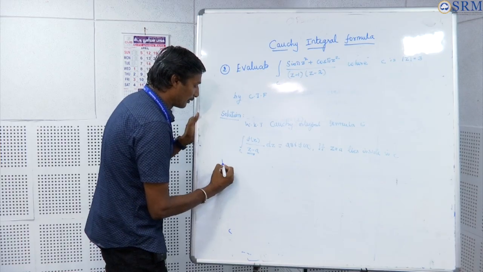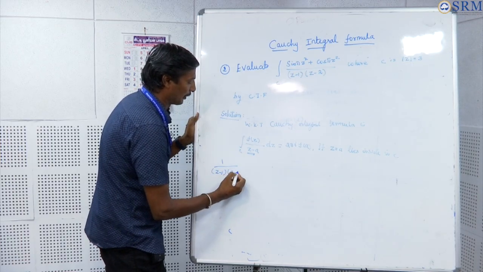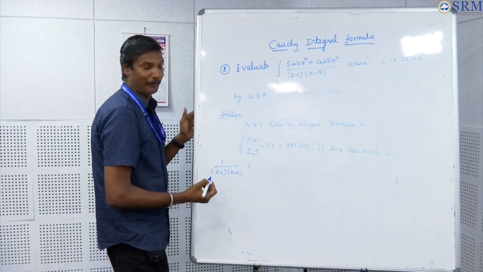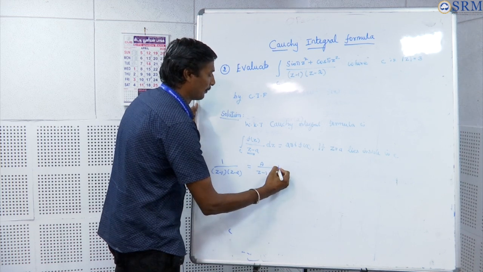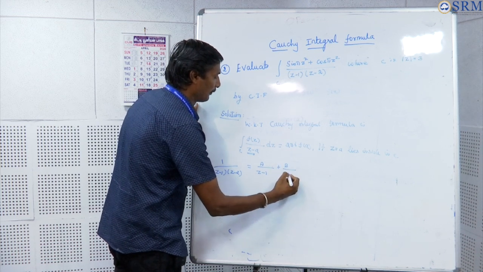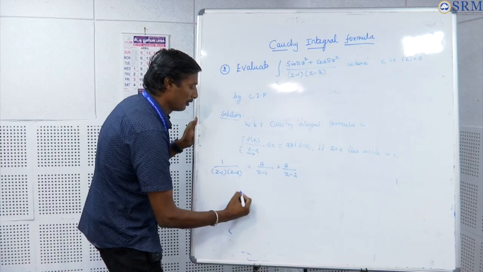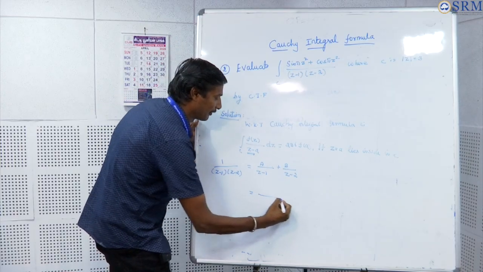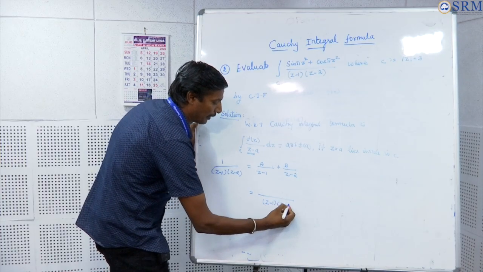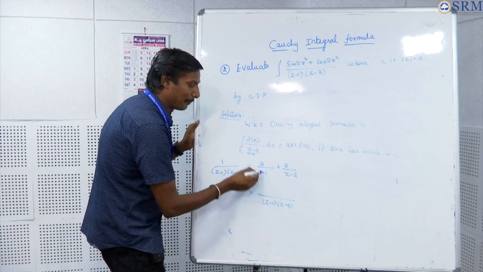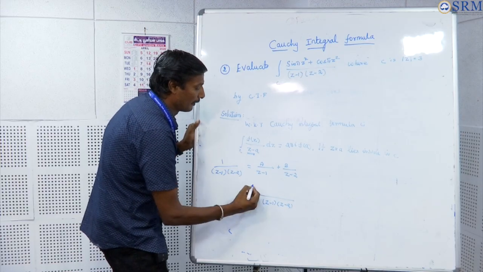So 1 upon Z minus 1 into Z minus 2, by using the partial fraction method, A upon Z minus 1 plus B upon Z minus 2. Okay. So first one, left hand side no change, right hand side denominator we have to multiply Z minus 1 into Z minus 2. We compare the denominator term, Z minus 1 is there, missing Z minus 2.